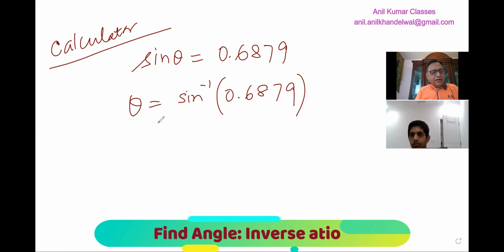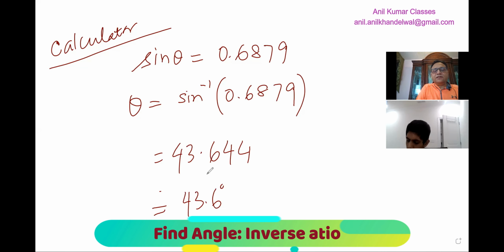Shift sine, and then put in 0.6879, enter, and you get 43.46, right? Which you can round to one decimal place as 43.5 degrees. Is that clear to you? So that is how you can use the calculator and find the answers which are not for exact values. Is that clear to you?